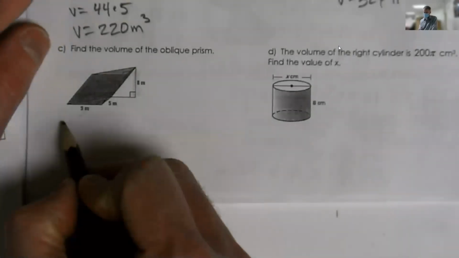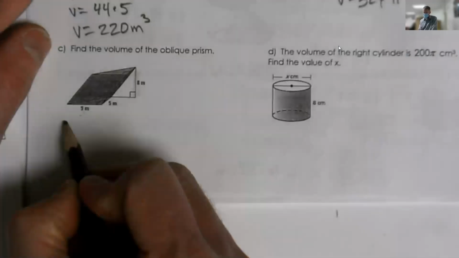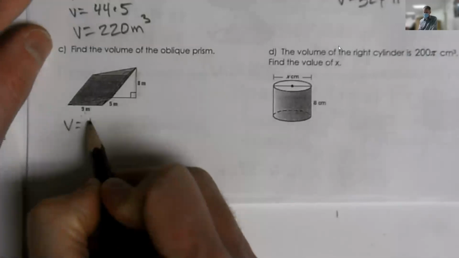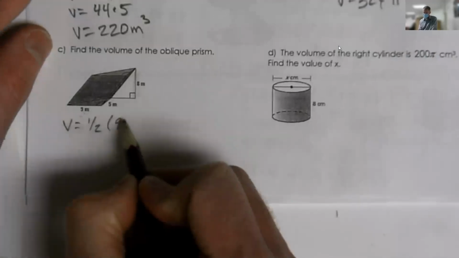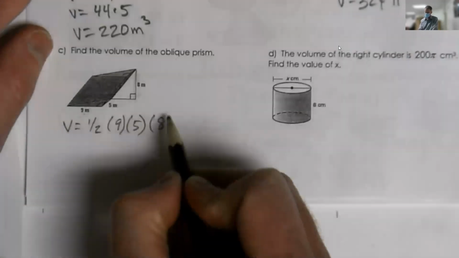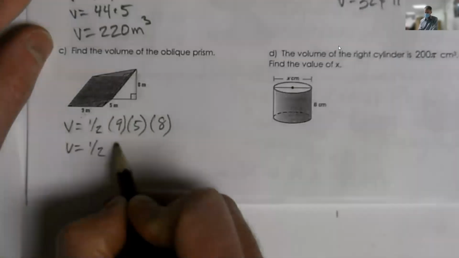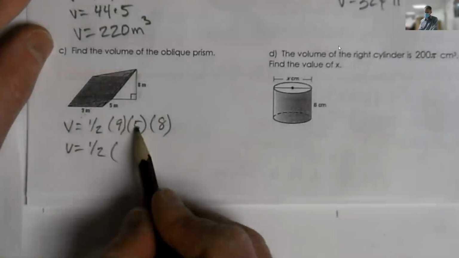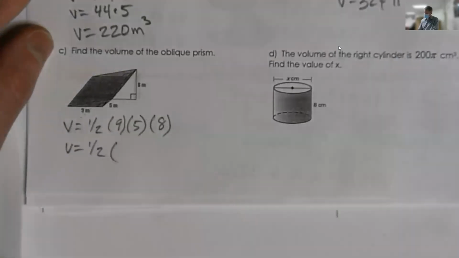So in this oblique triangular prism, we're going to find the volume by half 9 times 5 times 8. That's 40 times 9, which should be 360.